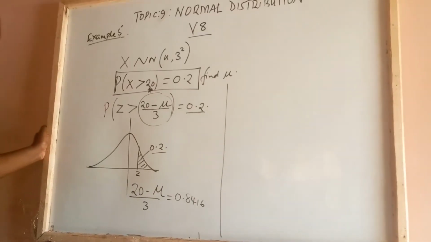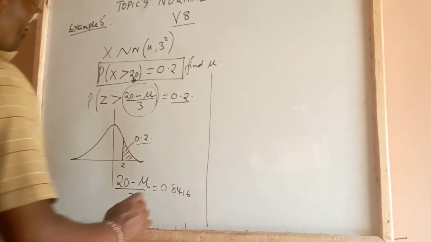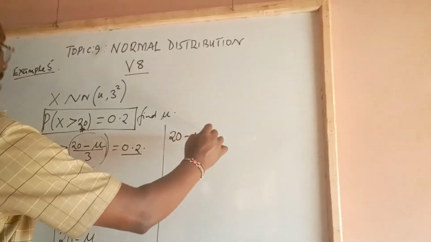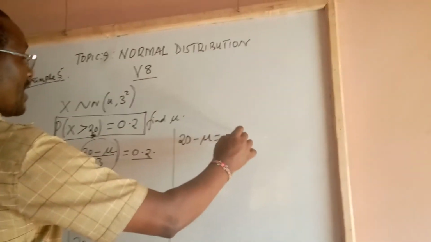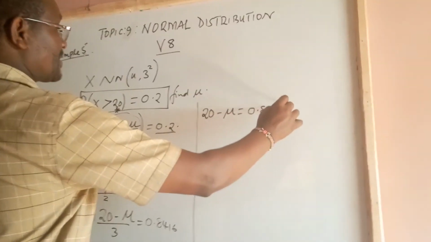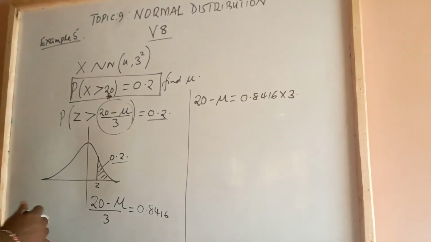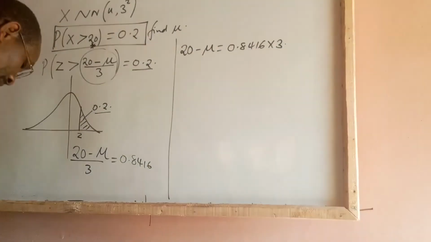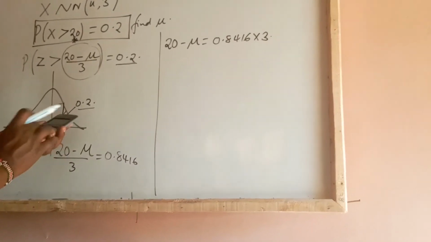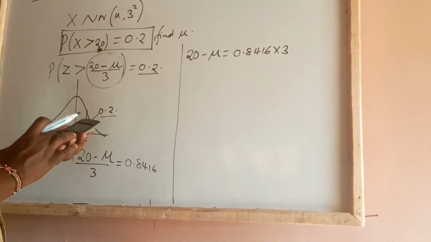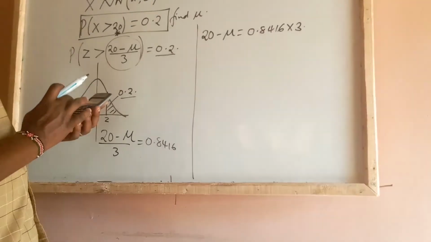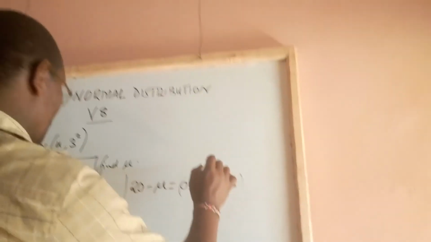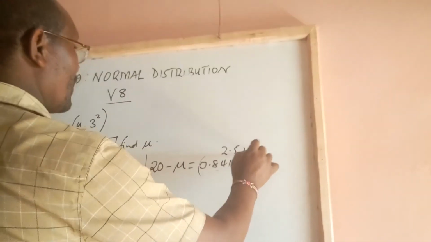From this we can calculate the mean. If you cross multiply, you're going to have 20 minus the mean is equal to 0.8416 times 3, whatever that is. Let's find it. 0.8416 times 3 is 2.5248.